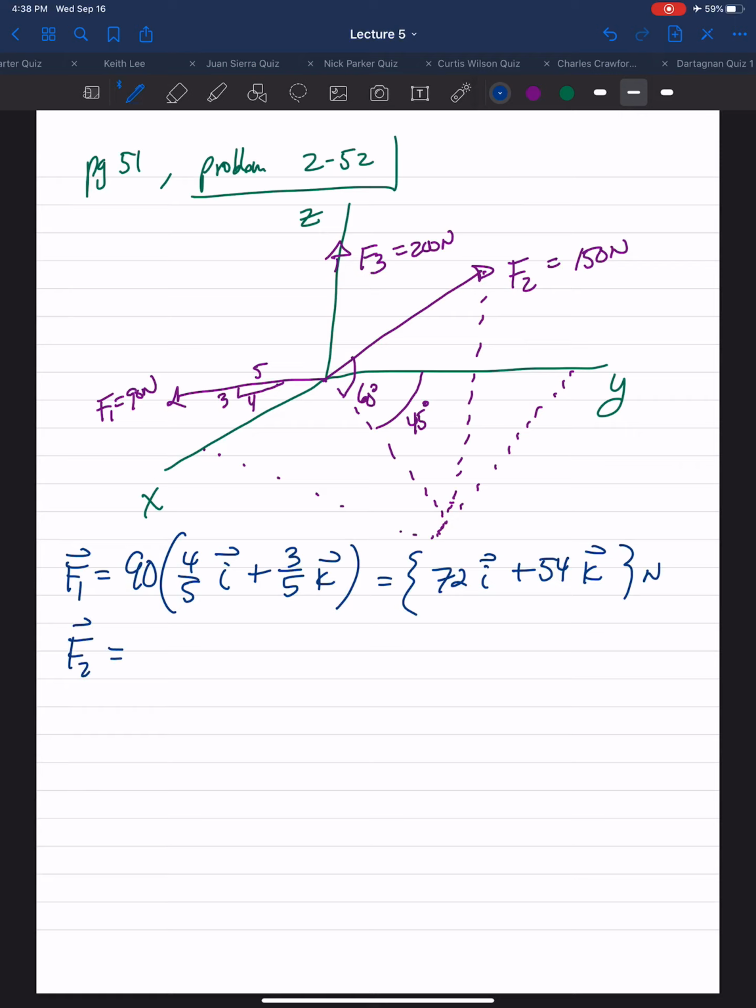F2 is 150 newtons. For F2, we said that to get it in the XY plane, they gave us the 60-degree angle. So we have to do cosine of that to get the A leg here. So it's cosine of 60 degrees.